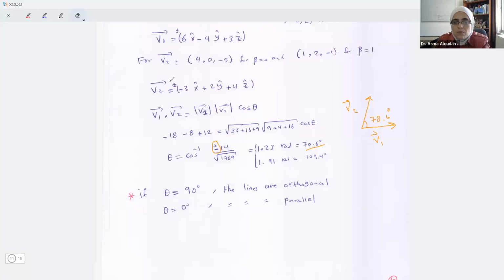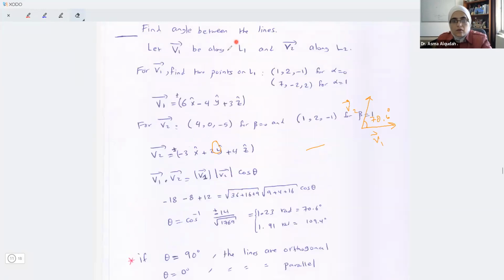From where we get the plus minus: the vectors V1 and V2 that are parallel to line L1 and L2, we give them plus minus, because let's say this is L1.